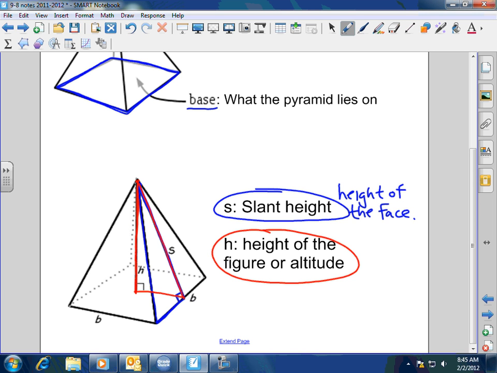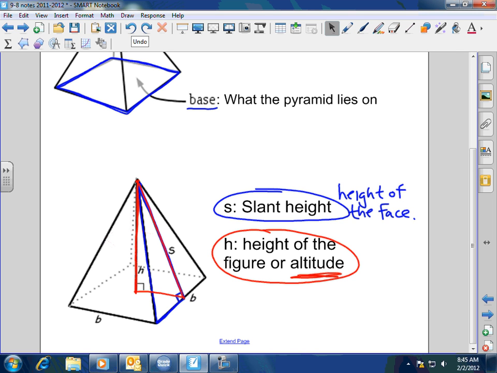I just don't want you to get confused with the actual altitude of the pyramid. So if you want to say the slant height is the altitude of the face, okay, I give it to you. You can only create the angle on the base, but I could have a base later on put in right here in the center, but we'll get there.